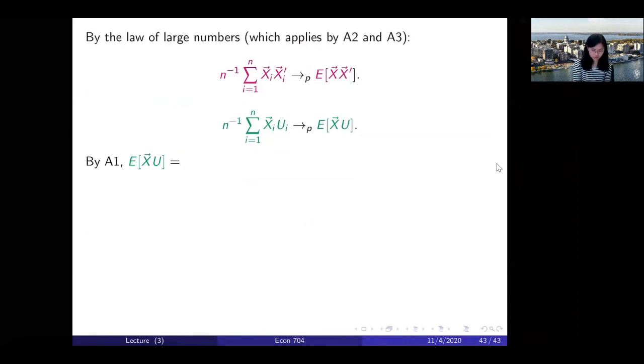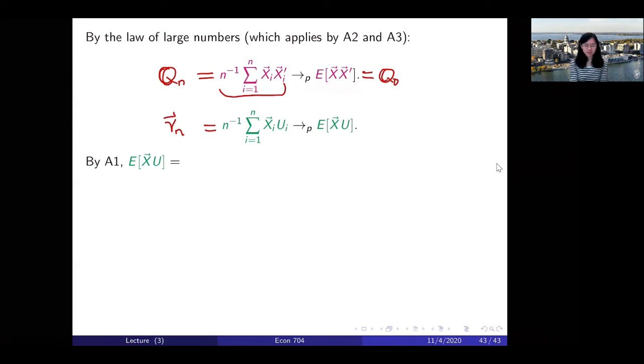So this is actually our Qn matrix. And this is actually the Rn vector. The Qn matrix converges in probability to this Q0 matrix.